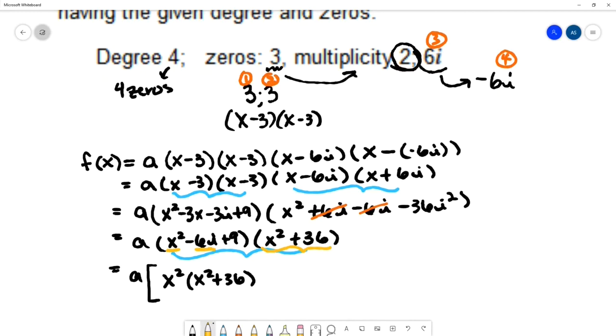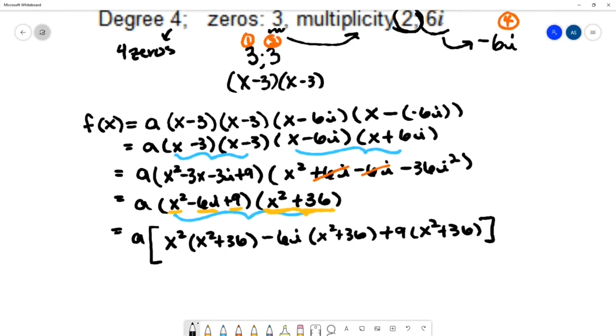Then I'll multiply the minus 6i times everything over here. Minus 6i times x squared plus 36. Then I'll multiply the 9 times everything over here. So plus 9 times x squared plus 36. A little bit more multiplying to do. I'll distribute to these parentheses.